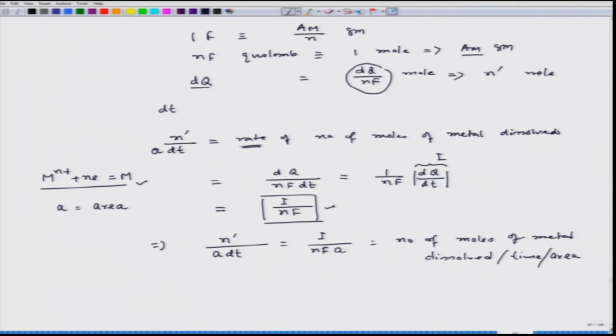So, this is the proper indication. Now, it is in the number of moles, and we can convert this into grams per unit area per unit time.